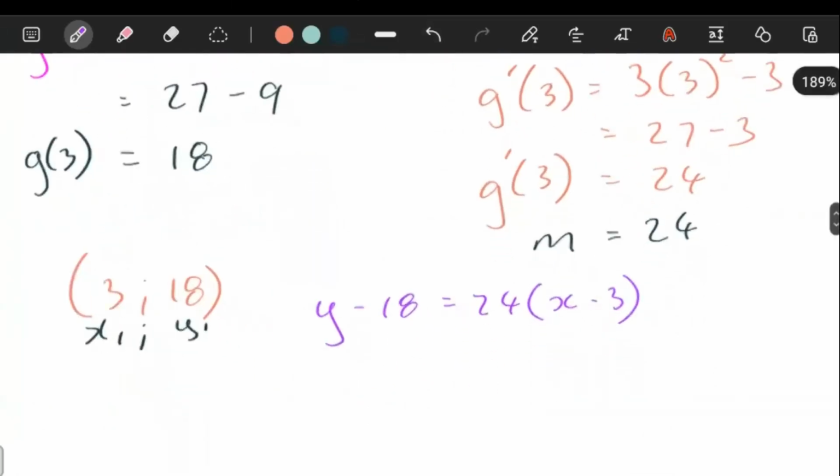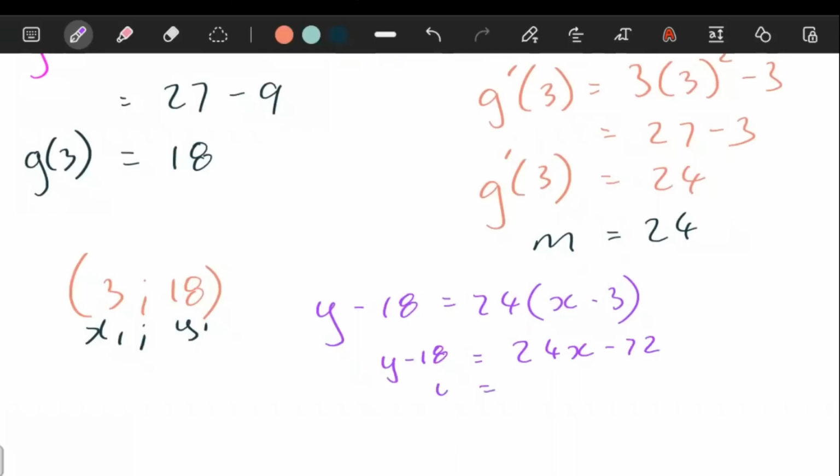There we go. You have 24x here. And then you have 24 times 3, that's -72. And then there's y minus 18.